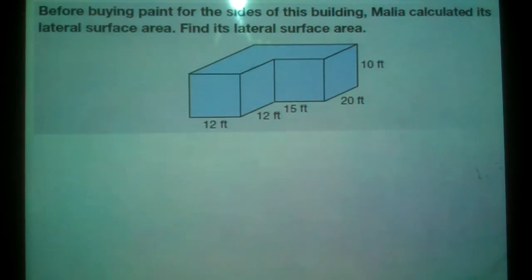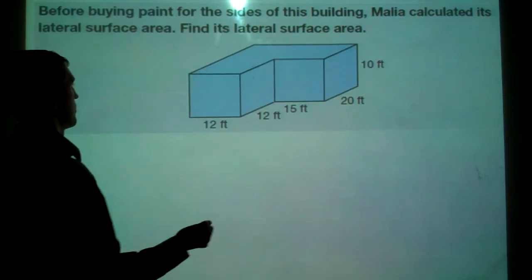Okay, now we found the volume of this shape yesterday. We're not going to do it again, but we're going to find the lateral surface area of this one because we want to paint the walls of it, not the tops or the bottom. Not the top or the bottom, but we just want the lateral surface area.